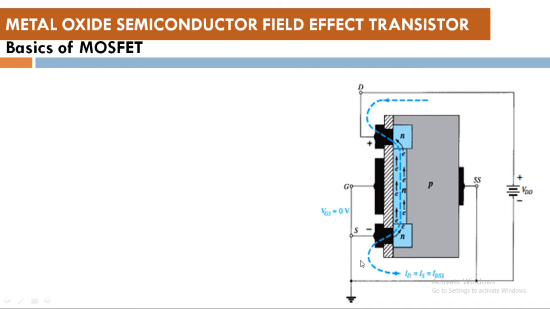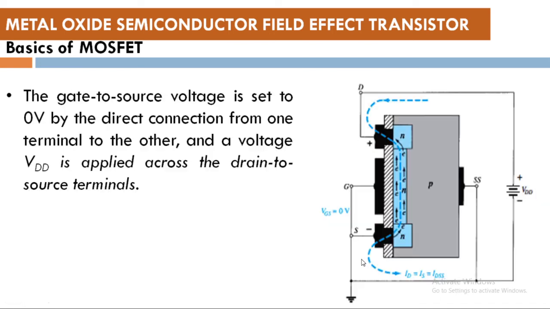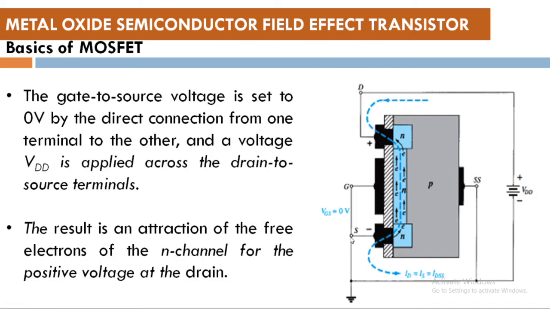Now how this particular thing is working, when we are talking about the functionality: if we connect the input to the ground, and a potential at the output, here we can see the gate to source voltage is set to 0 volt. Okay, by directly connecting it to the ground, also connecting the substrate to the ground, and also connecting the source to the ground.